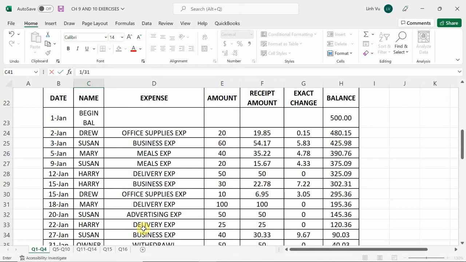You debit the expenses that are there. So you group each expense together and total them, and enter each of them as its own expense.